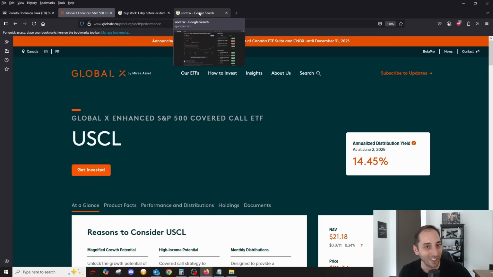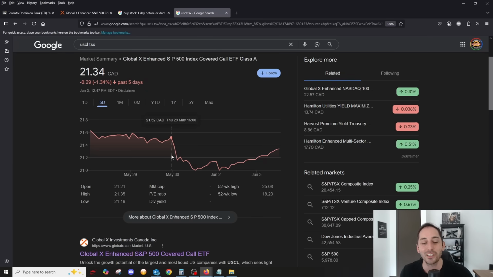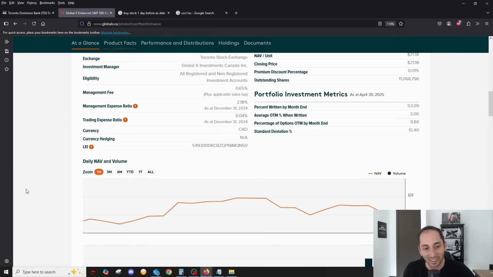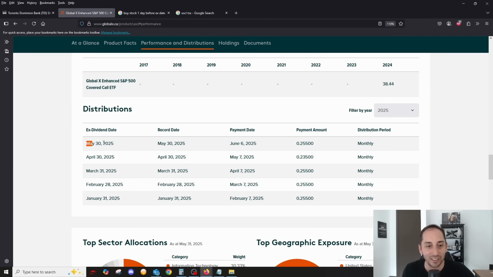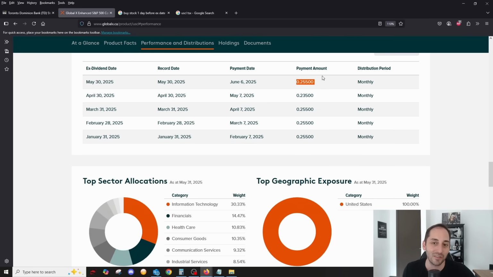It's a question I get all the time: why did USCL or whatever stock price drop when I woke up? Well, it dropped because it's the ex-dividend date. On the ex-dividend date, they're removing the 25.5 cents from the net asset value, so you'll see it reduced from the stock price. And that is withheld to give out to the shareholders on June 6th.